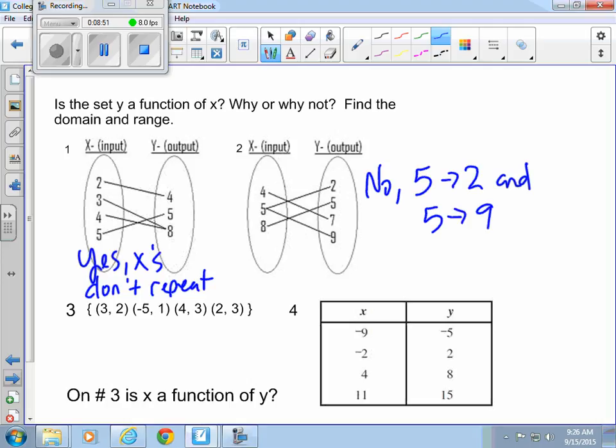No, the x's do repeat. The 5 goes to the 2 and the 5 goes to the 9. The 5 is used twice. The x value is used twice. So that is not a function.